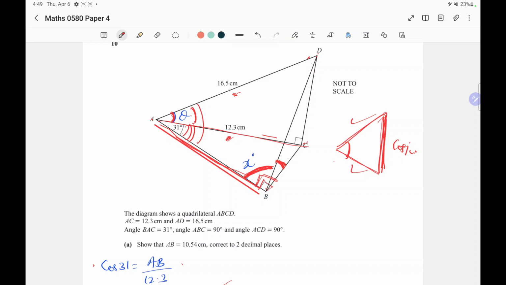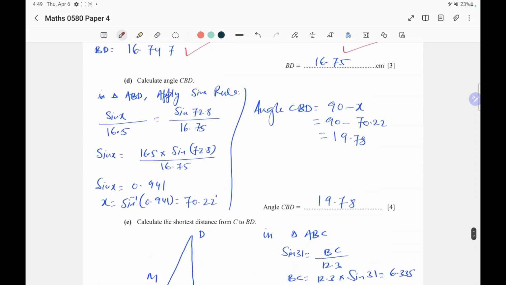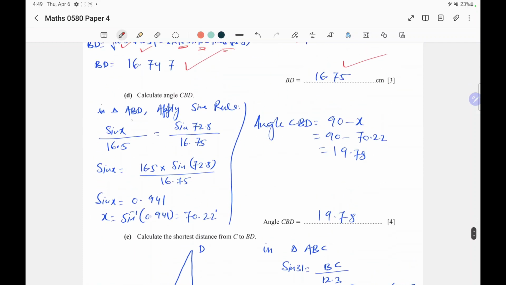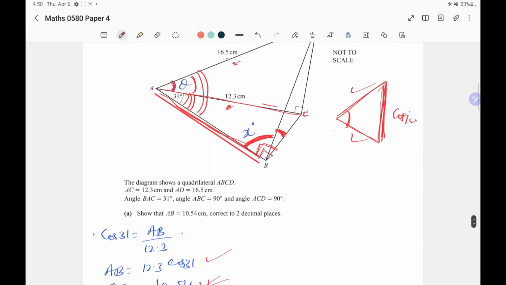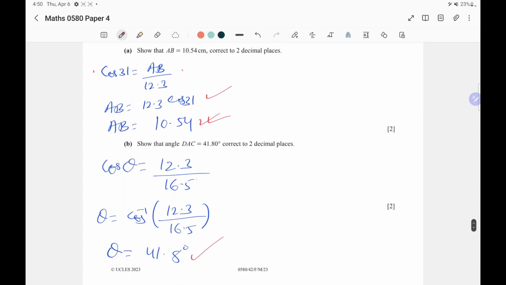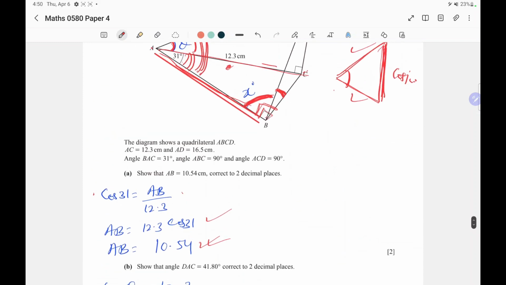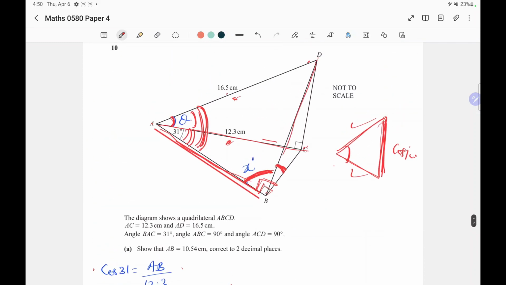In triangle ABD apply the sine rule: sine x over 16.5 equals sine of 72.8 over this BD length.